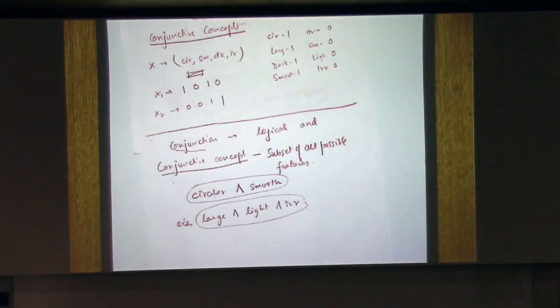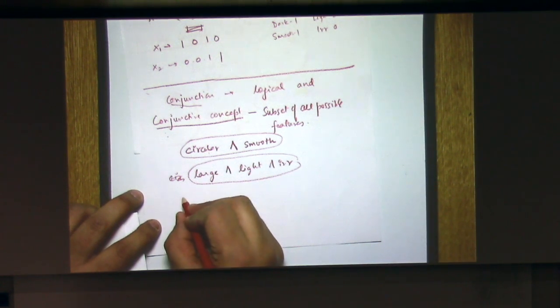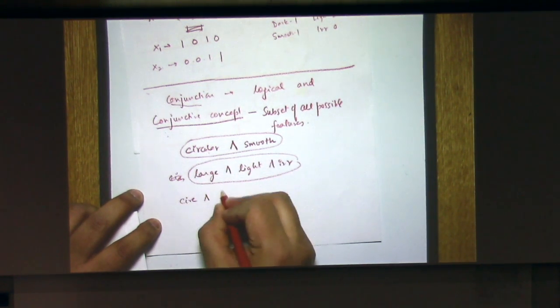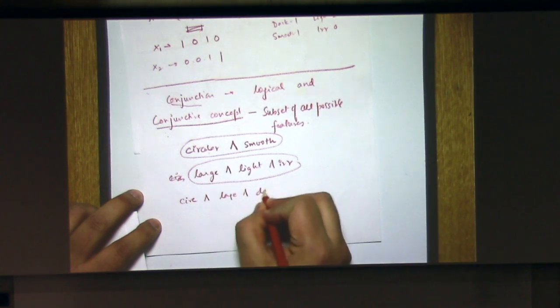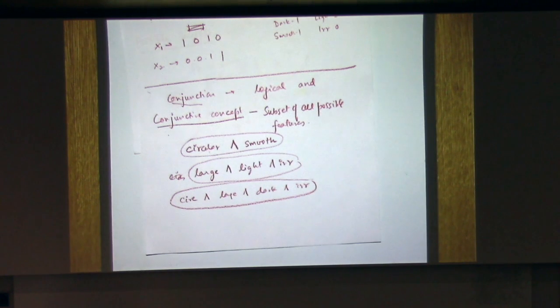So let's say this could also be a particular concept, which is circular and large and dark and irregular. So a question for you all is, can you tell me how many objects will this concept label as green or belongs to the concept?